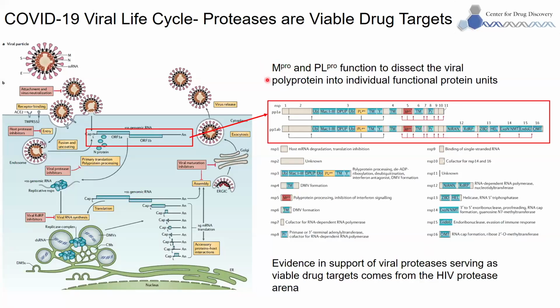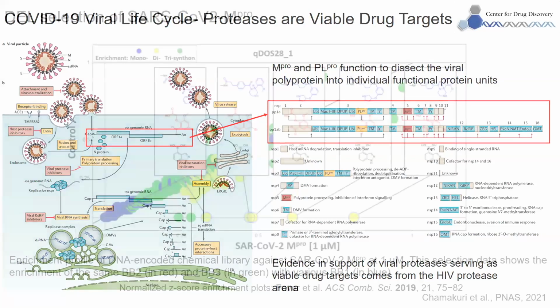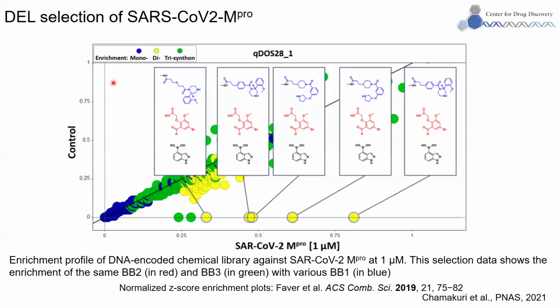So based on that, we chose MPRO as a target, and we screened our DNA-encoded libraries against it, around 4 billion compounds at that time. Then we identified several binders. Here I'm showing one of them, and this is the output that our algorithm usually gives, where we get the information after sequencing: what are the building blocks that you utilized in each cycle of chemistry?